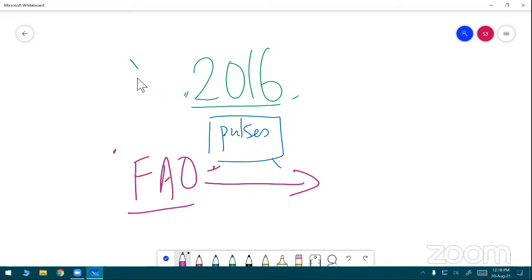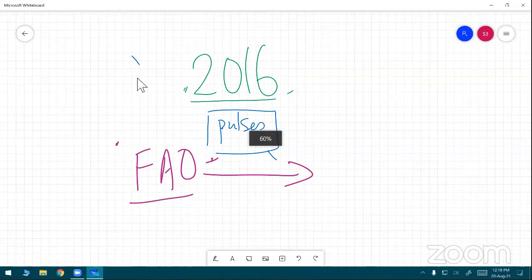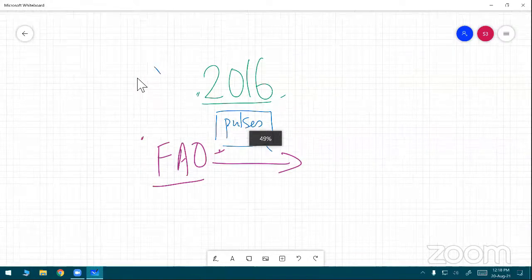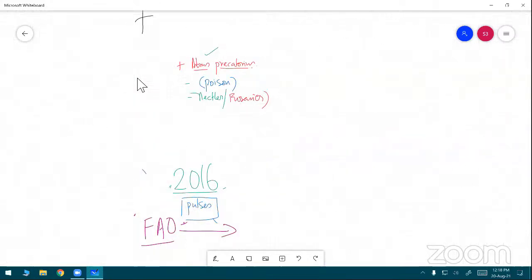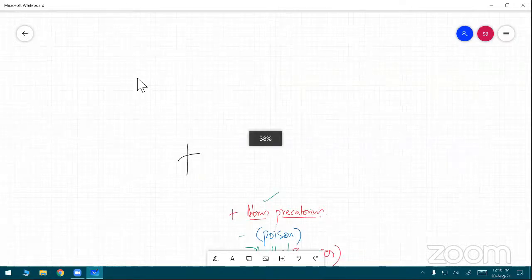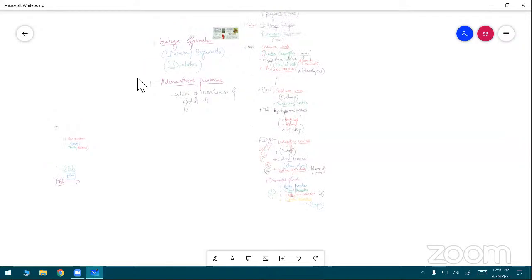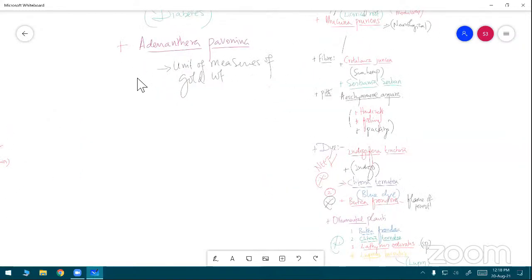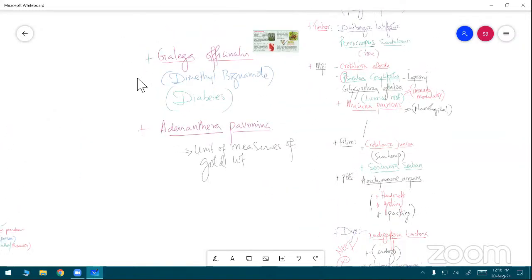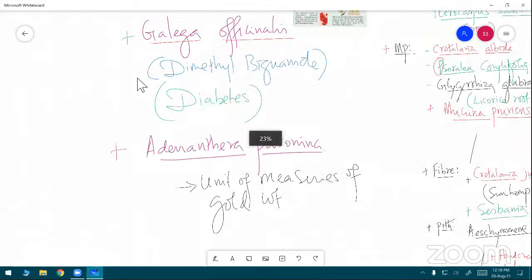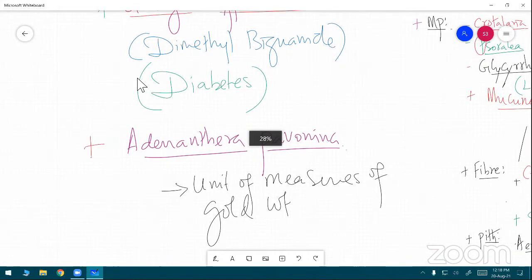So thank you for joining, my student. If there is any doubt, please ask. Could you mention which of the following plants is used for the treatment of diabetes? Galega officinalis.